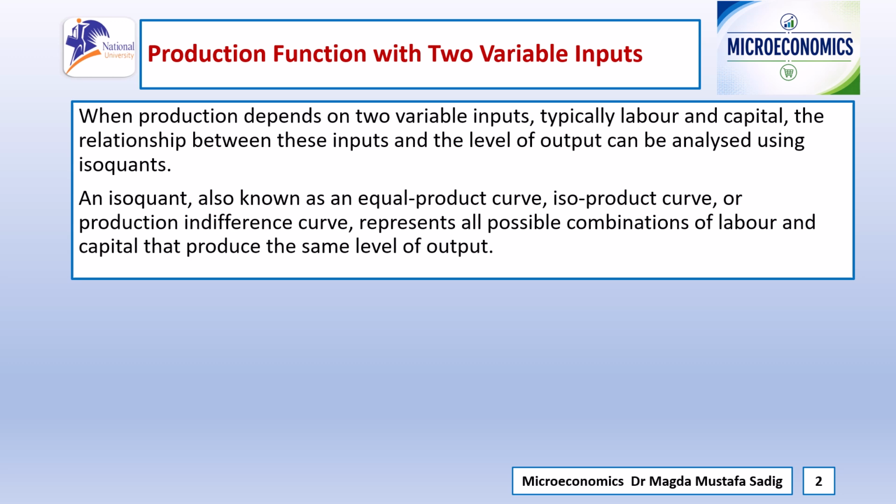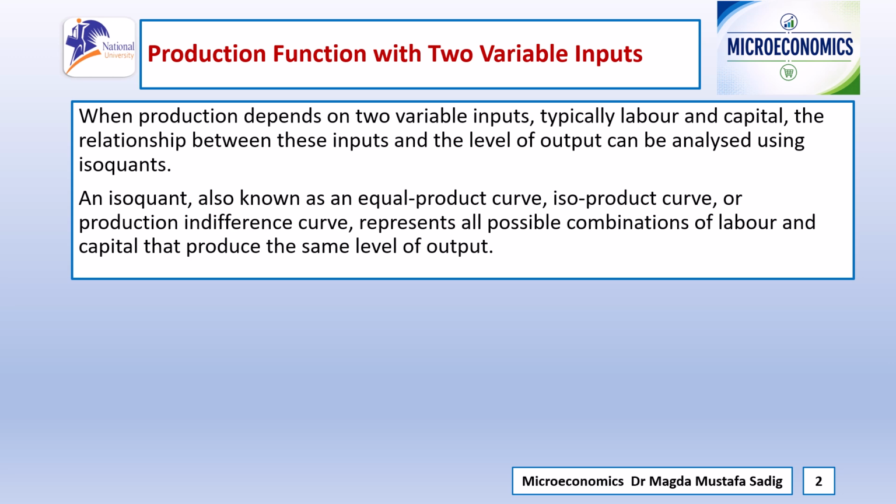In reality, firms rarely rely on only one variable input. Instead, they usually employ several inputs at the same time. For simplicity, economists often focus on two important inputs, capital and labor.